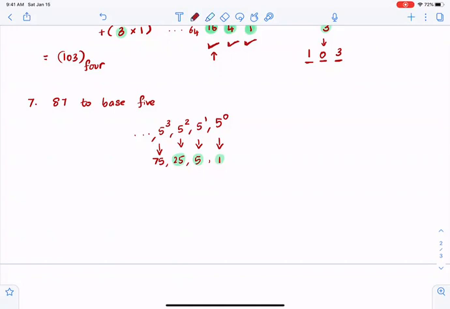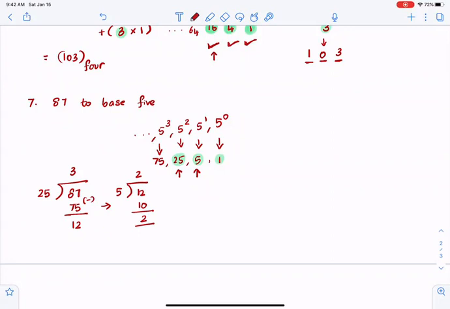Let's go with the division process. Start with 87, pick 25, 25 times 3, 75. Subtract, we will get 12. Take that 12, and naturally the next number will be 5. So 5 times 2 is 10, which will give me 2.